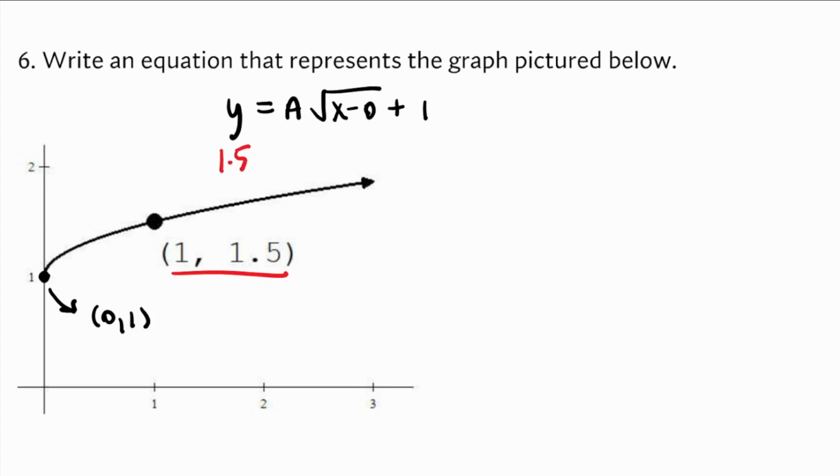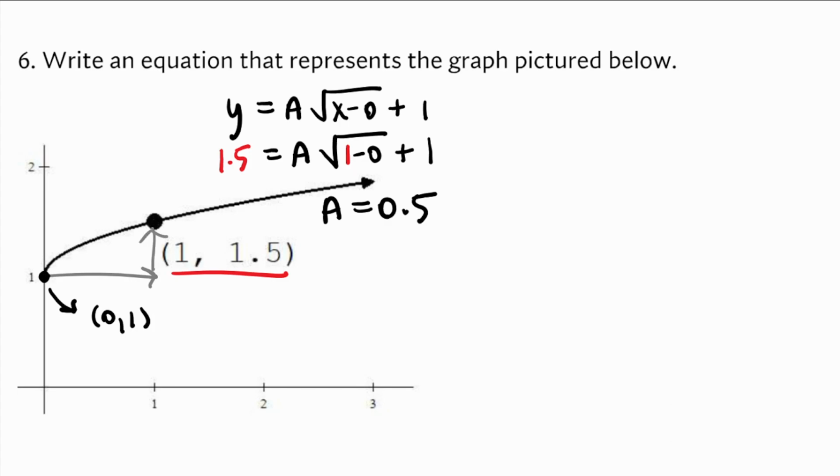So 1.5 equals a times the square root of 1 minus 0, plus 1. So 1.5 equals a times 1 plus 1, so a is going to equal 0.5. And that makes sense. Using the other method, I went over 1 and up by 0.5. So a is a half, and y is equal to 1/2 of the square root of x, plus 1.